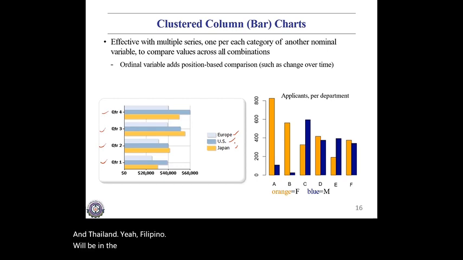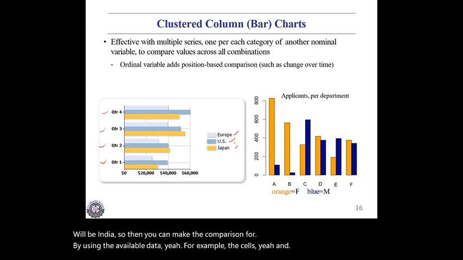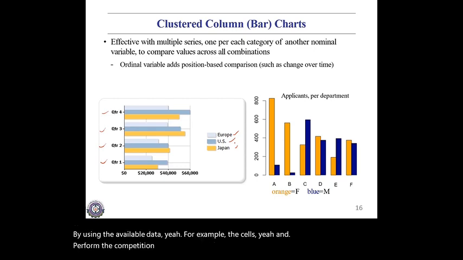So then you can make the comparison by using the available data, for example the sales, and perform the comparison. So for each country, you can provide the color accordingly.